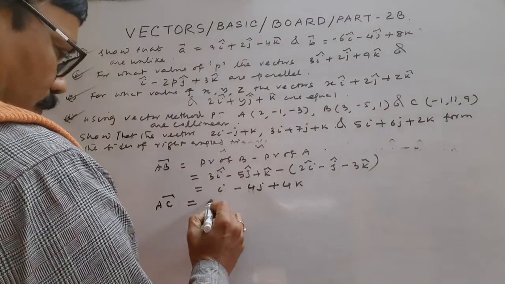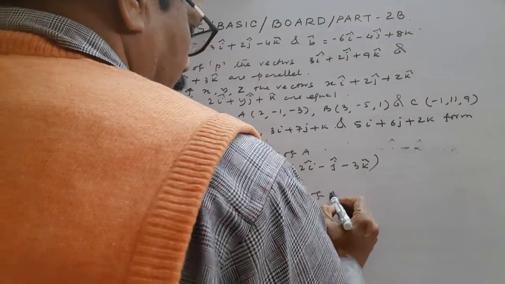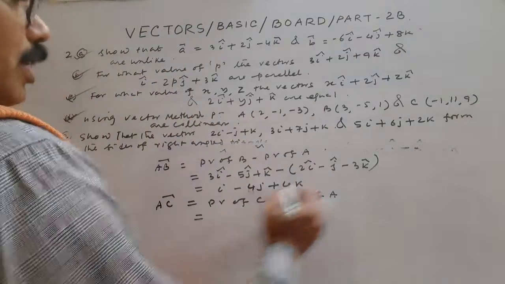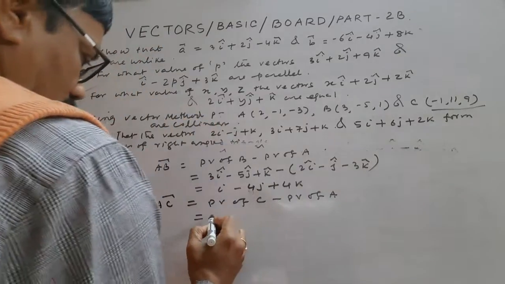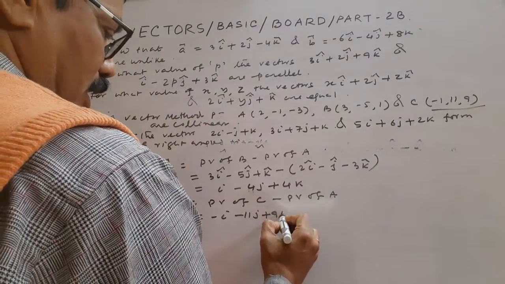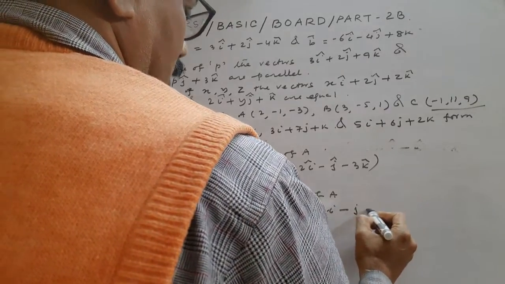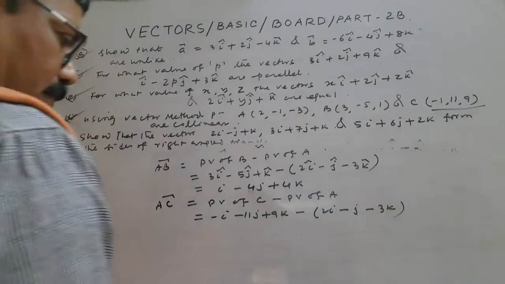Then you calculate the AC vector or BC as you please. AC vector is PV of C minus PV of A. So what is PV of C? This coordinate, minus i minus 11j plus 9k, minus 2i minus j minus 3k.